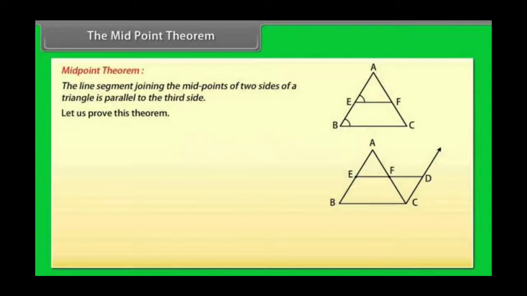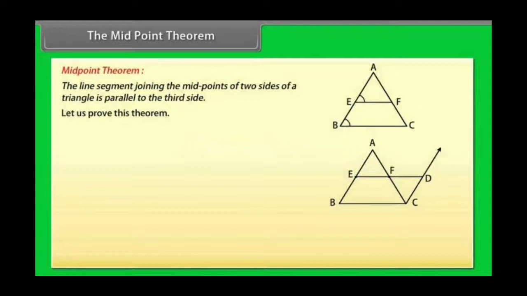Then what does the theorem say? The line segment joining the midpoints of two sides, that is EF, the line segment joining the midpoints of two sides AB and AC, that is, midpoint theorem: the line segment EF is parallel to the third side BC.